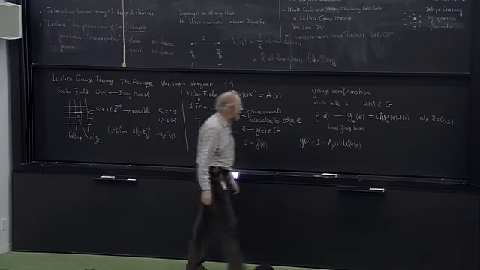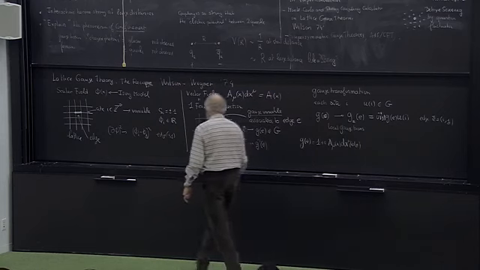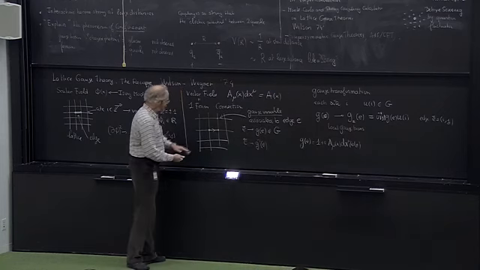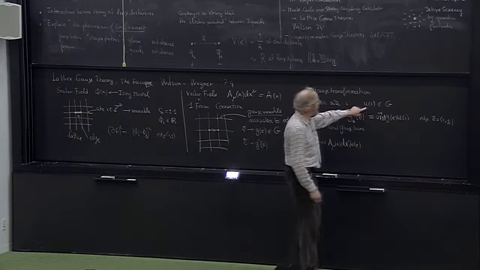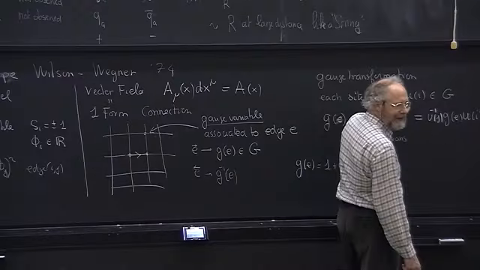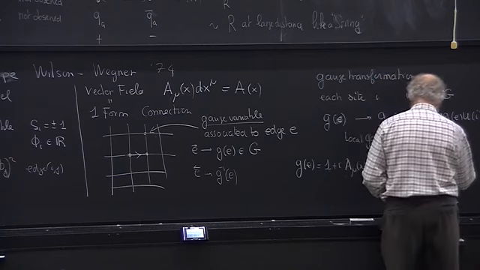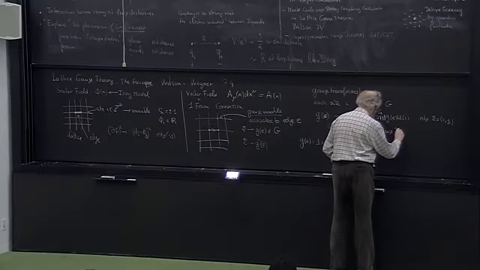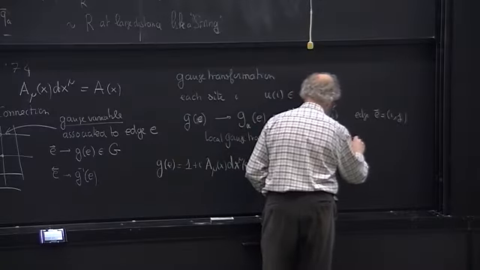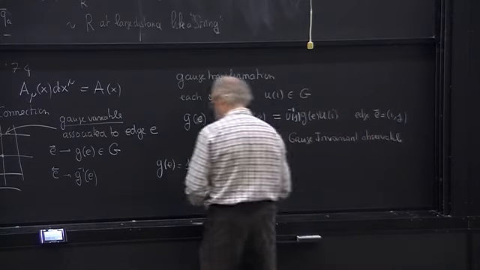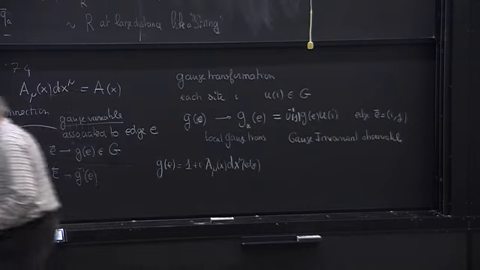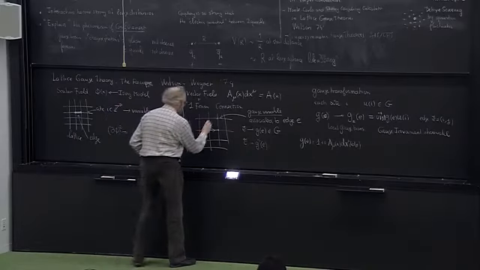And gauge invariance means that you need to have an energy functional for this configuration that does not depend on gauge transformation. And so basically, the gauge invariant observables are just that you take a closed path.